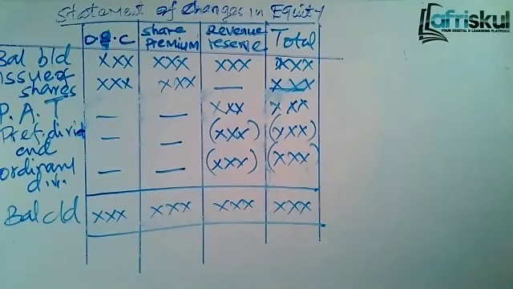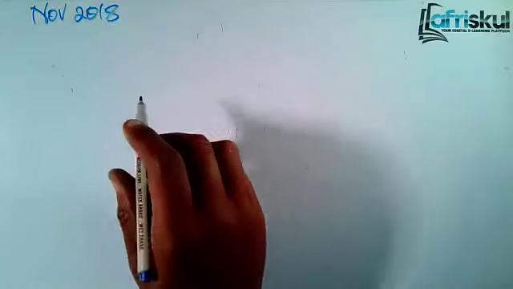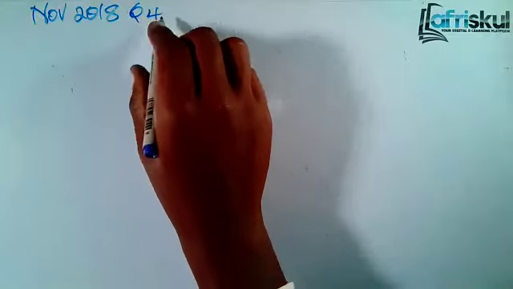Now, let's just try a question, for us to understand what I'm trying to explain here. I want to do a question in the sitting of November 2018, question number 4.